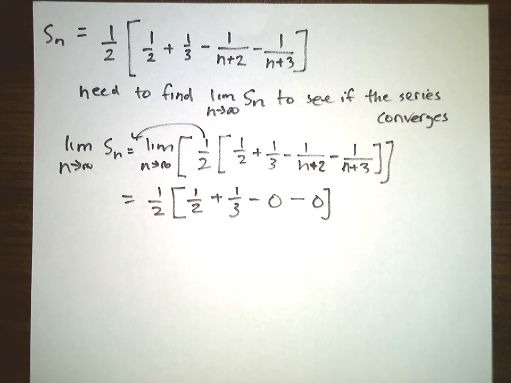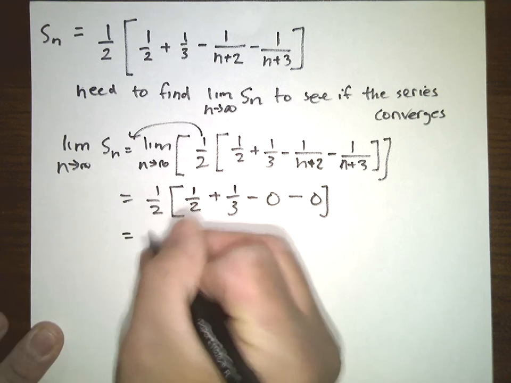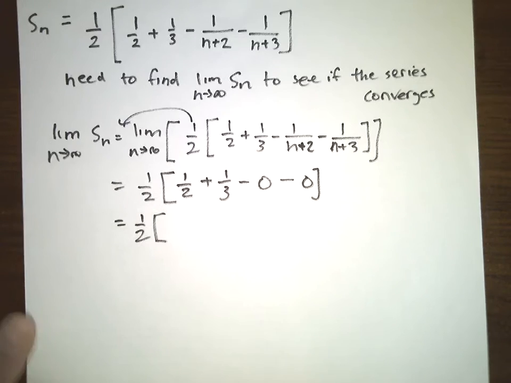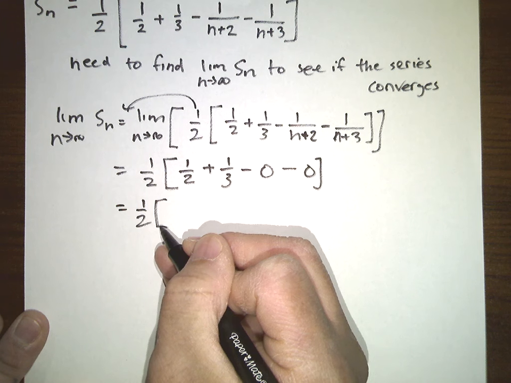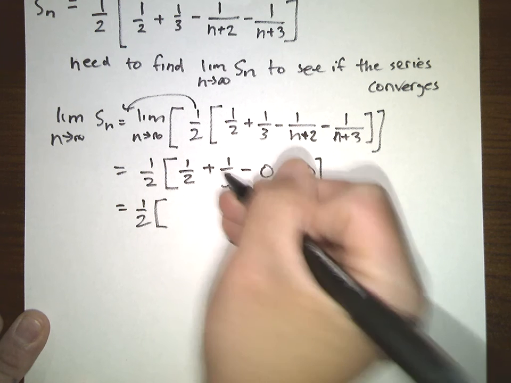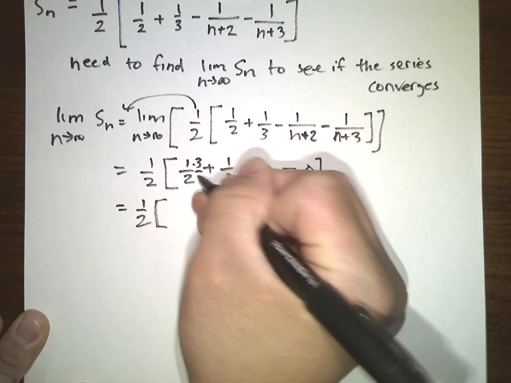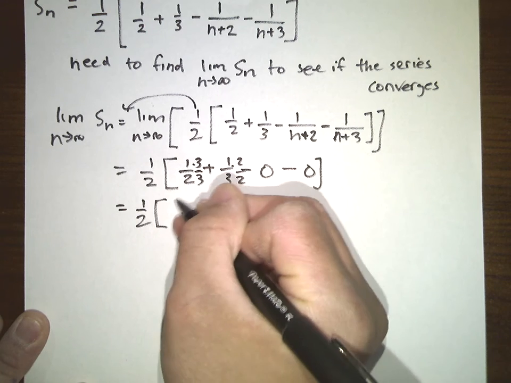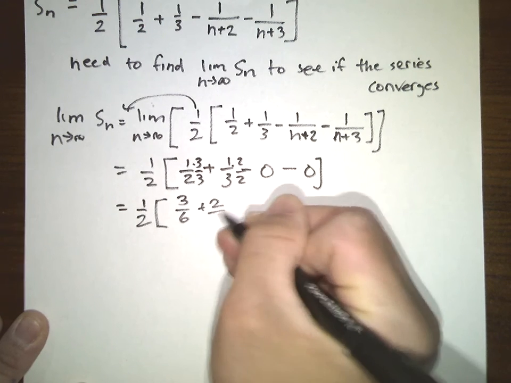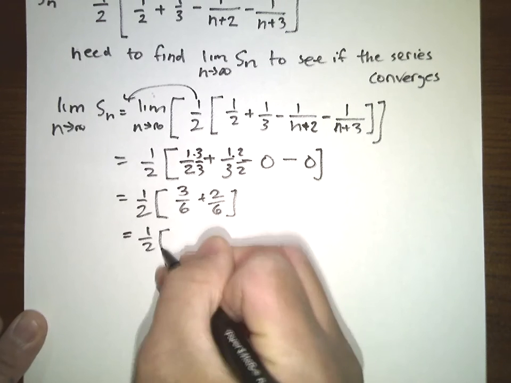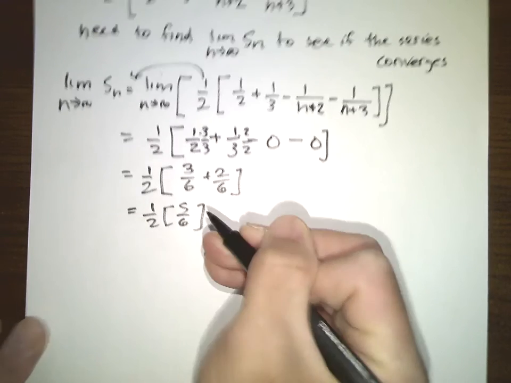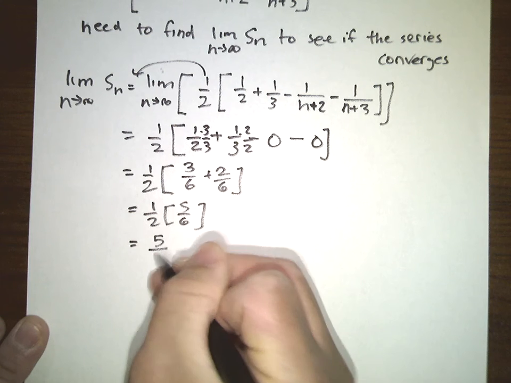All right, so this is a half, and then a half plus a third. If I find the common denominator of 6, 3 over 3 and 2 over 2, that's 3 over 6 plus 2 over 6, that's 5 over 6. So a half times 5 over 6 would be 5 over 12.